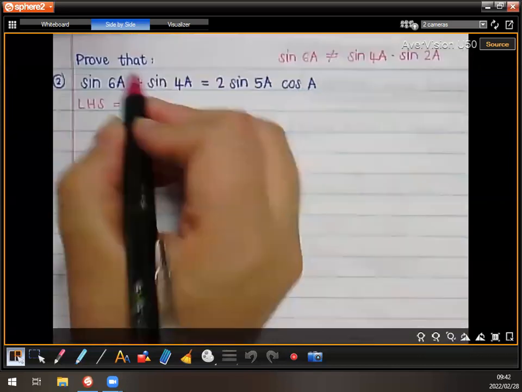Not actually in this case, because if you wanted to do that, that would mean that sine 6a is the same as sine 4a times sine 2a, and it's not actually.